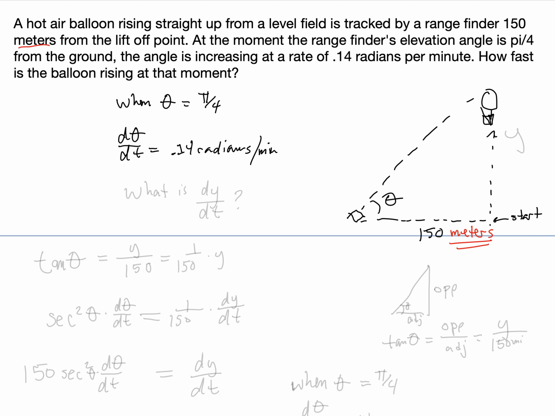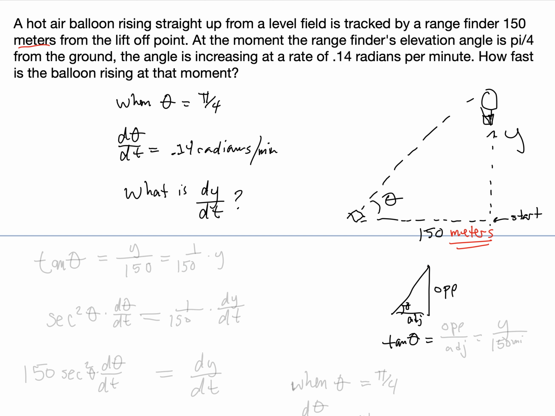Okay, so how fast is the balloon rising from the ground at that moment? We could call the height h or y or whatever, let's call it y, the height of the balloon. So what is dy/dt at that time? Now we need a relationship between these variables, and we can use trig. If we have an angle theta, tangent of theta is equal to the opposite side over the adjacent side.